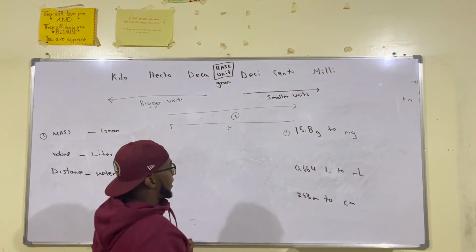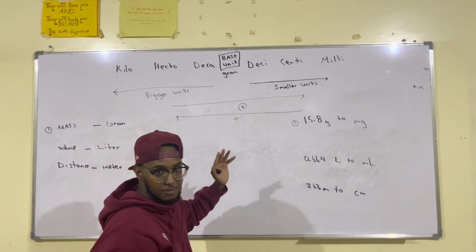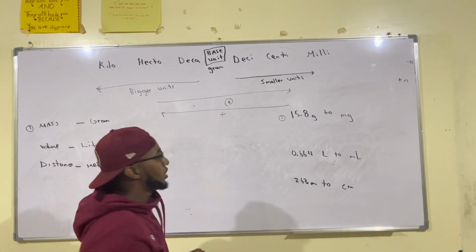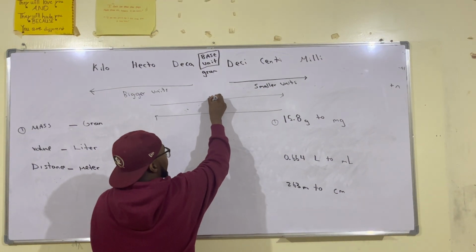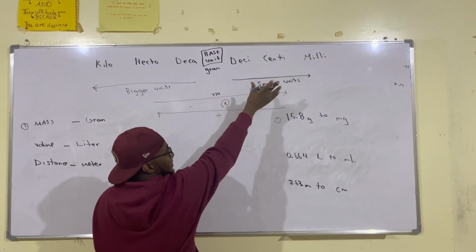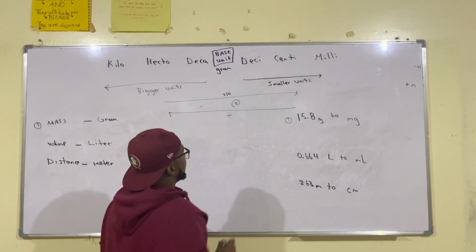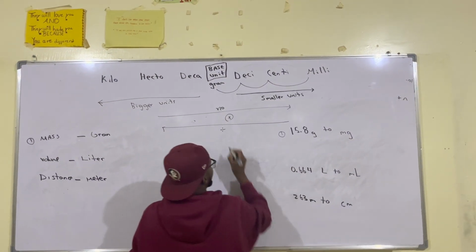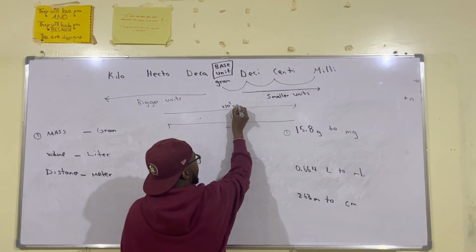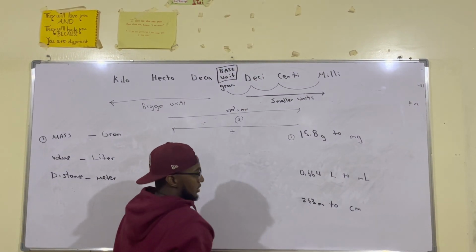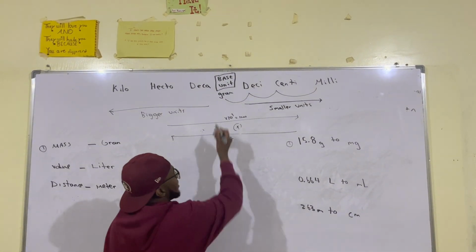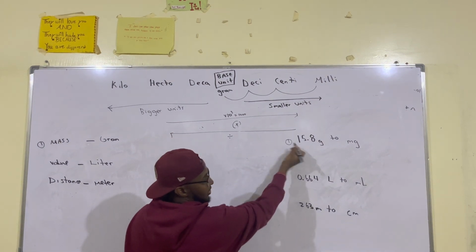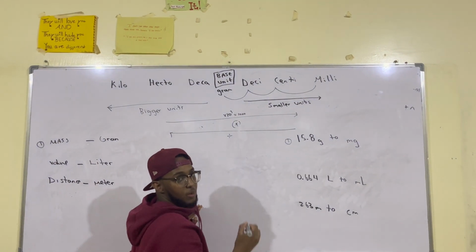In the base system, it's powers of 10. We're going to multiply by 10 to the power of how many spaces are between them. Okay? So it's 1, 2, 3. So it's 10 to the power of 3 or 1,000. Conversely, we just move the decimal 3 places to the right. Okay?